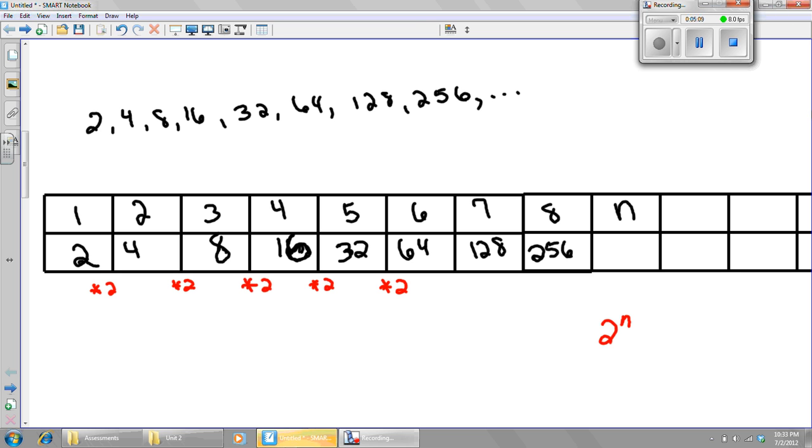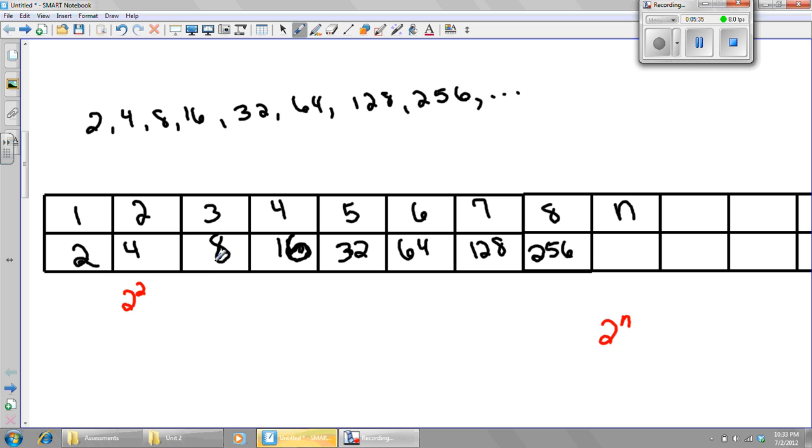I just told you that if it doubles every single time, it's going to be like 2 to the power n. If it triples every single time, it'll be 3 to the power n. But let me give you a better visual on that. Do you know a different way to write 4? I could write 4 as 2 to the second power, right? 2 to the second power would be 2 times 2, and that's 4.